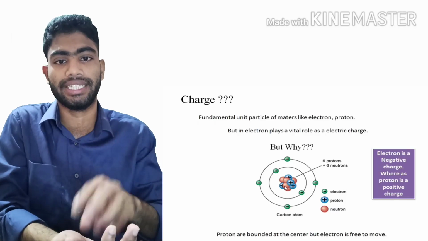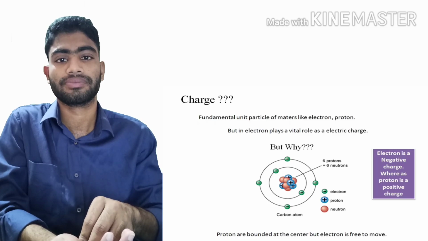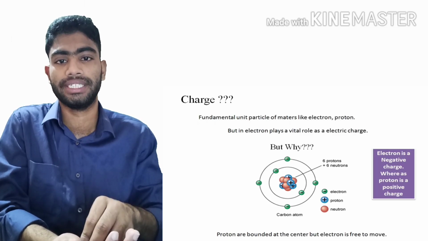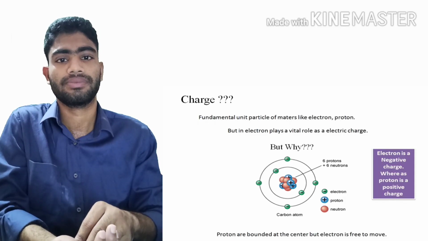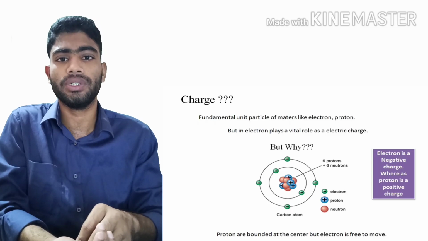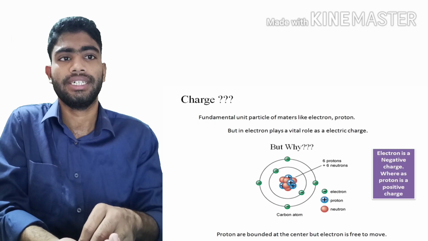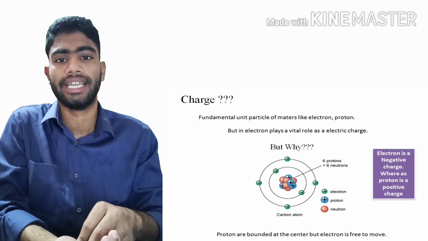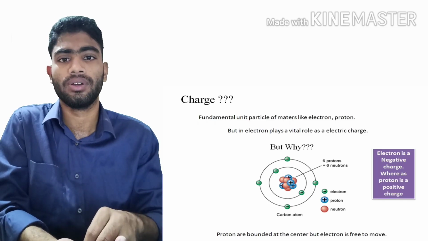They are fixed and not free; they cannot move easily. And the electrons are revolving around the nucleus. That's why they can move freely. This is the main reason we consider the electron as the charge which plays a vital role in the electric charge.